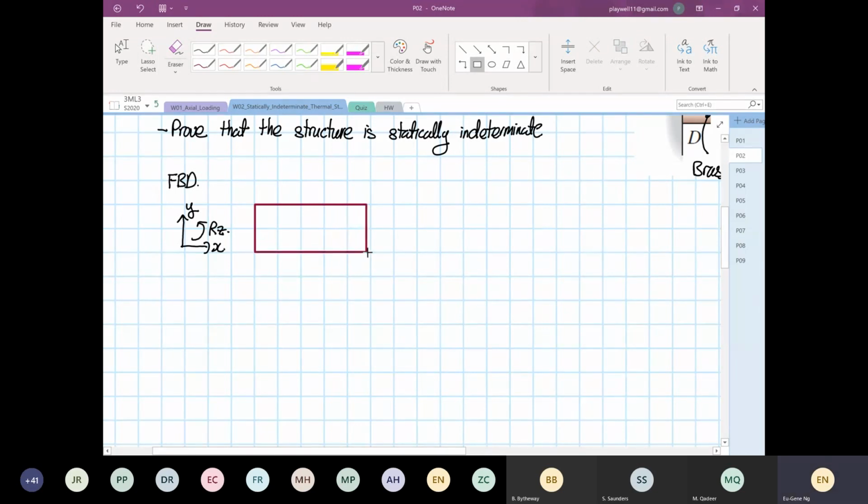Okay, so 250. And then the next section is 500, 20 and 500. Okay, so it's a longer part. And then finally, it ends off with this. So this is our free body diagram.